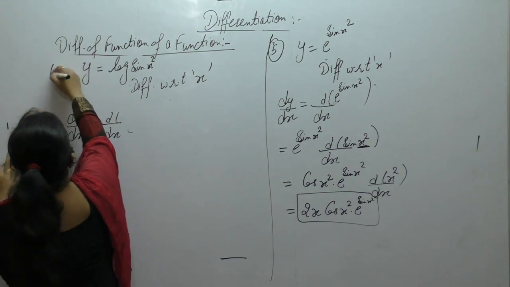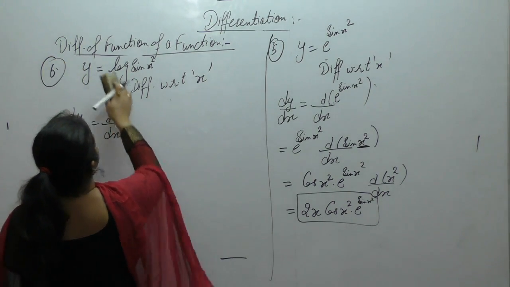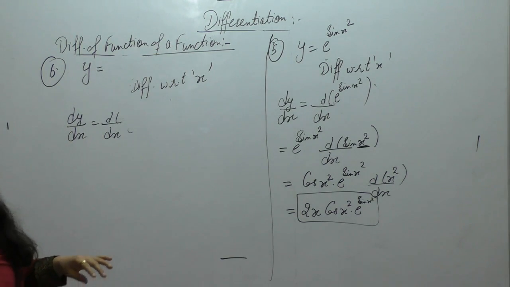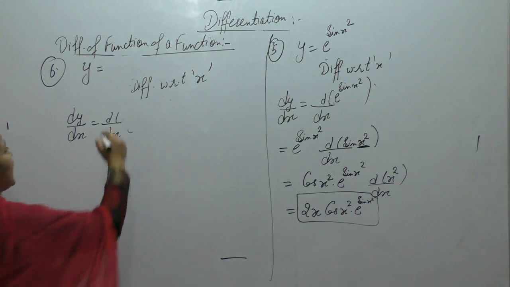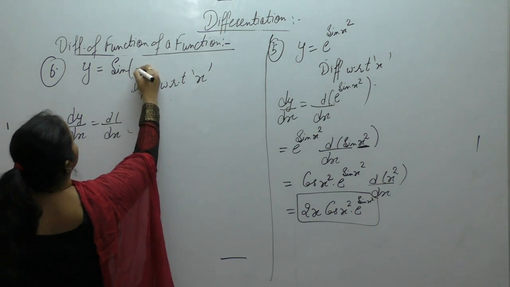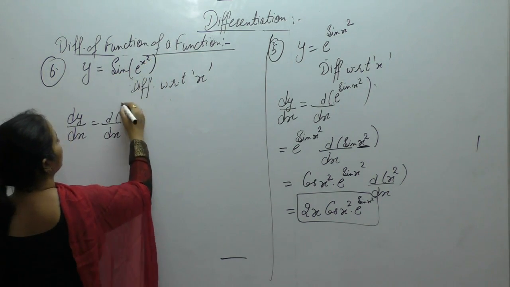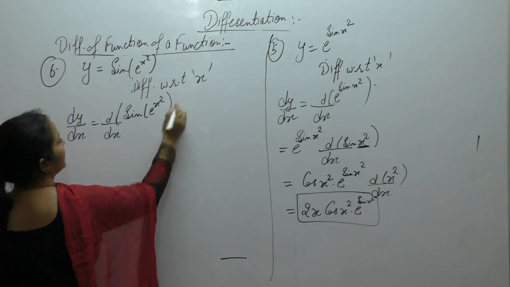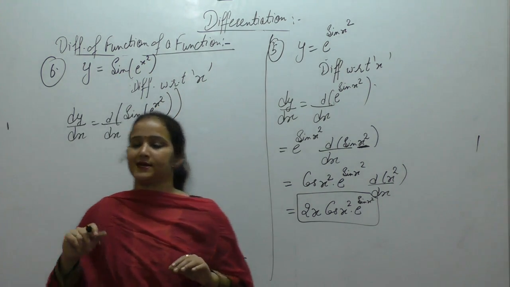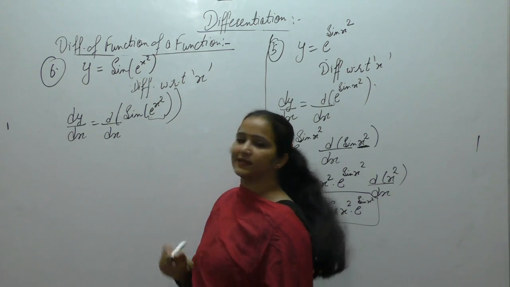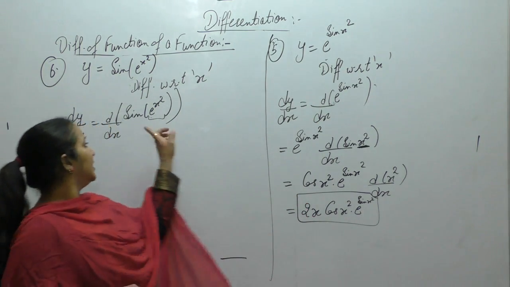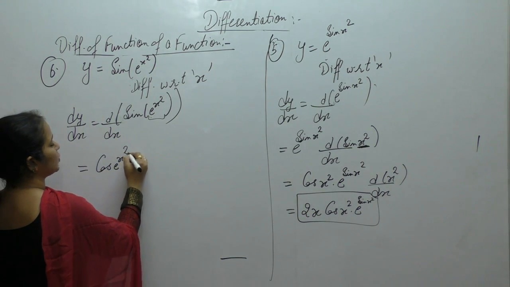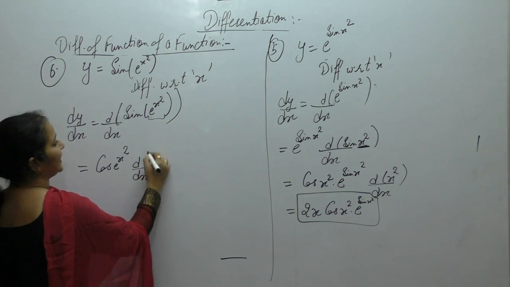Next one is y is sin of e power x square. Now instead of x we have this term e power x square. Now derivative of sin is cos e power x square.